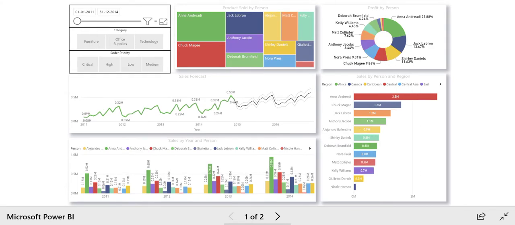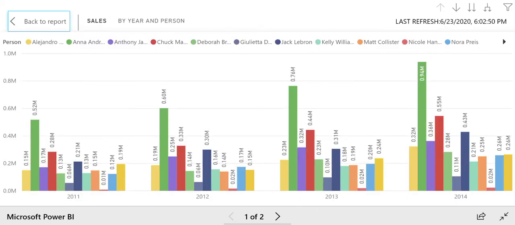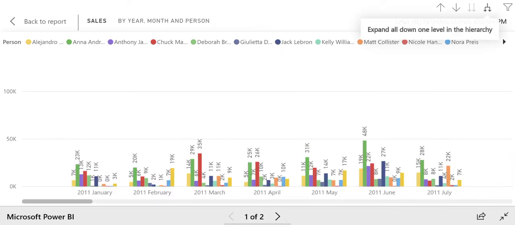And below this bar chart, it's basically a year by year trend of different people. As you can see, it lists the persons: Alessandro, Anna, Anthony, Chuck, Debroha, everyone. We can dig down and see if we get something more interesting.